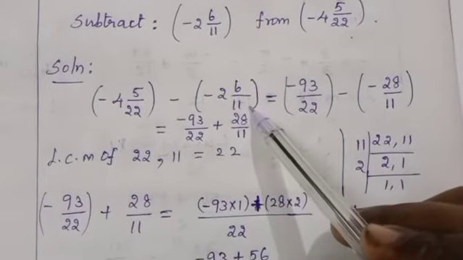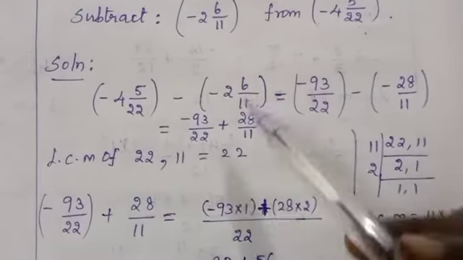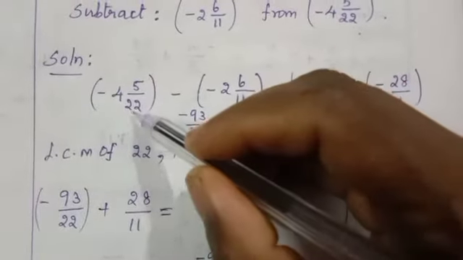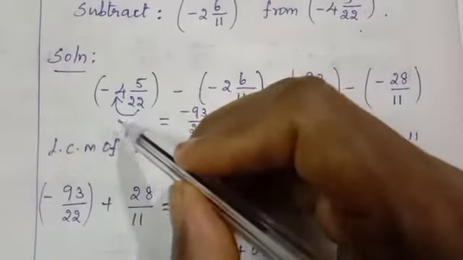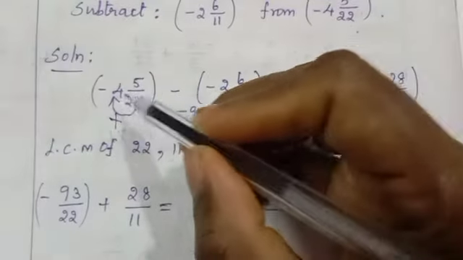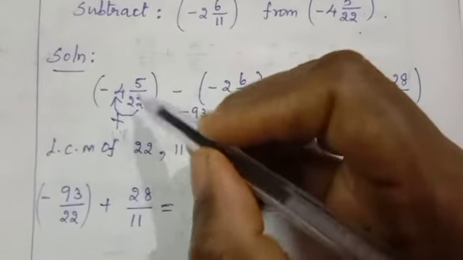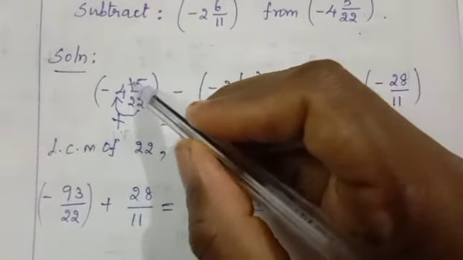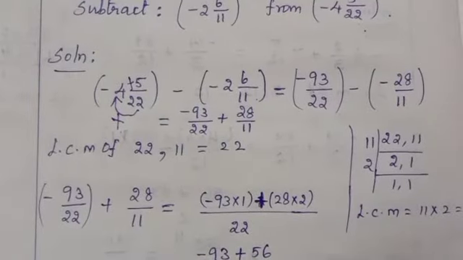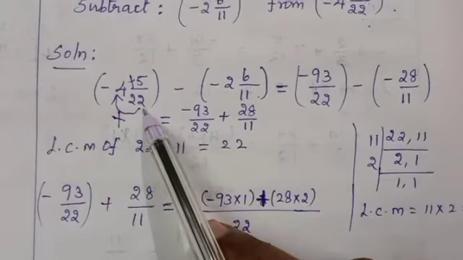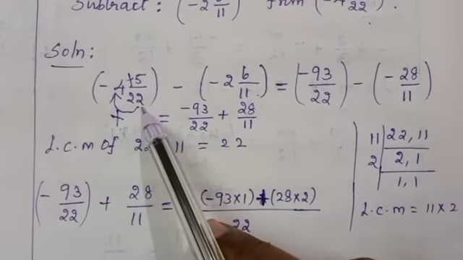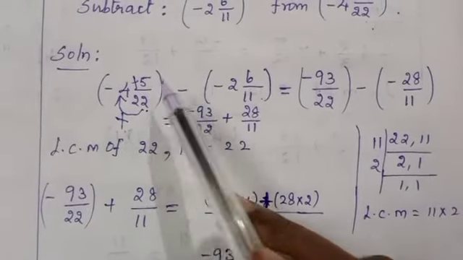So how do you convert this into an improper fraction? You have to multiply these two, 4 into 22. For this multiplication answer, add the numerator. Okay, students, 4 into 22 is 88, plus 5, so 93.